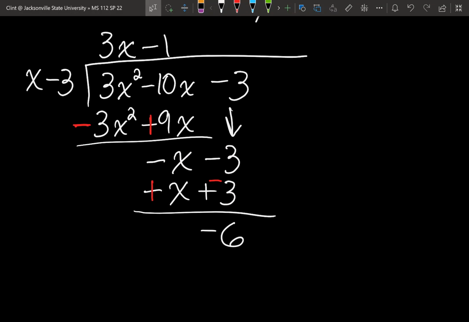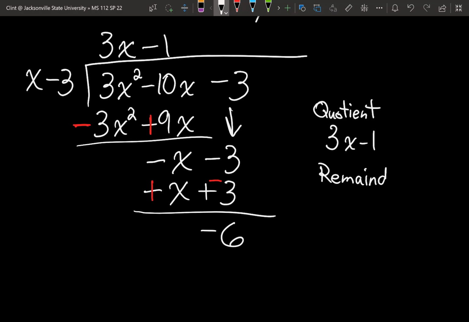So 2 ways we could write this answer down. We could either say our quotient is 3x minus 1, and our remainder is negative 6.